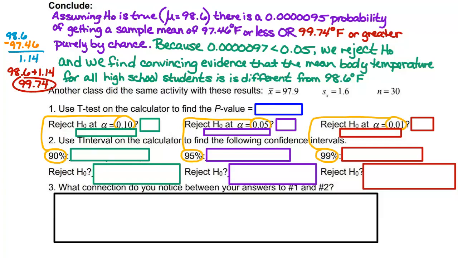I want to know, should they reject or fail to reject at the 0.10 alpha level? So you guys are going to need to do the do step and find the p-value for x-bar of 97.9 with a standard deviation of 1.6.